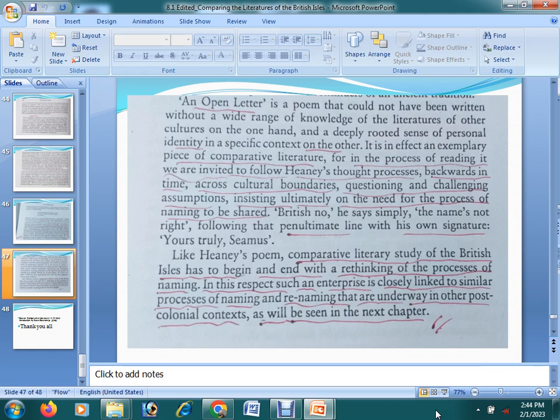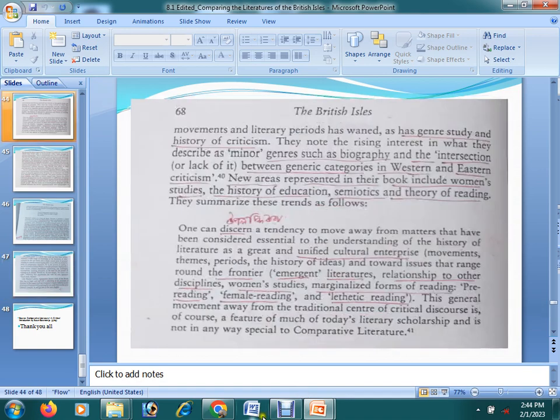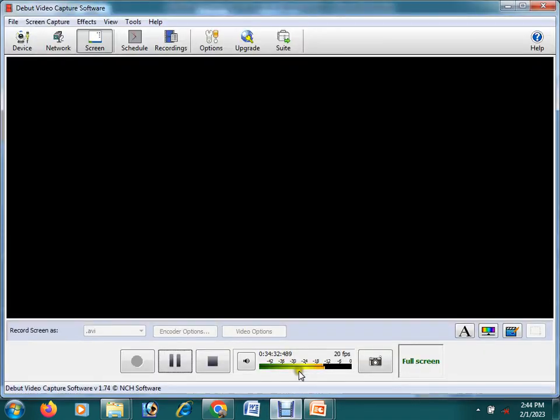If comparative literature will be comparing the languages of all nations, then the Irish language and Irish literature should be compared, and the literature of Scotland should also be compared in comparative literature. And Seamus Heaney wrote an open letter. Okay, you will be reading that.